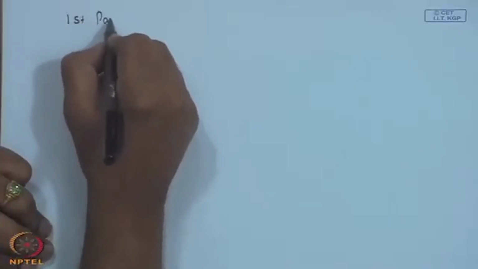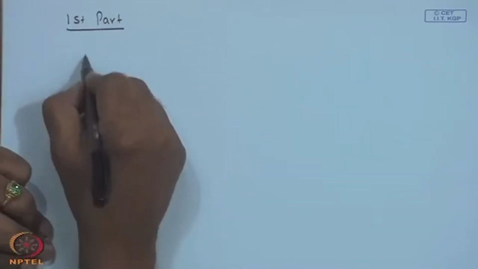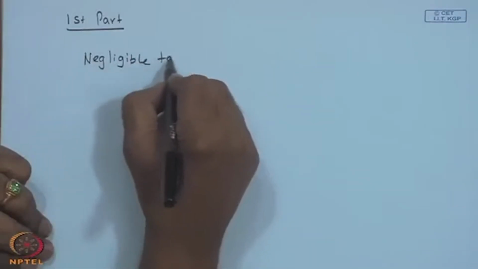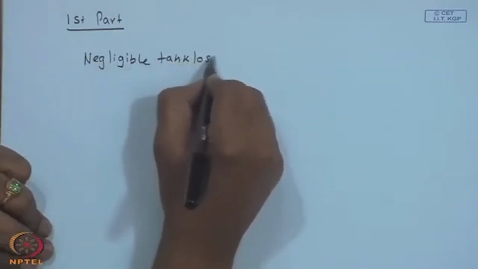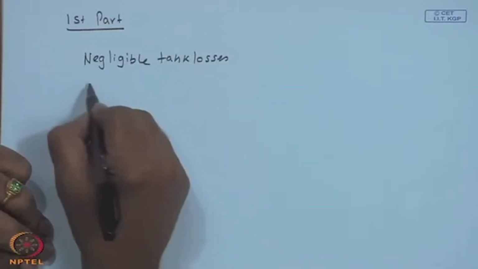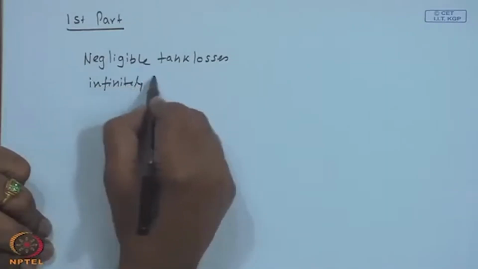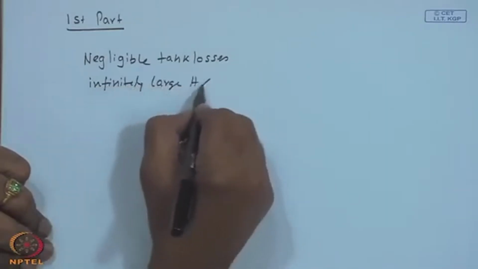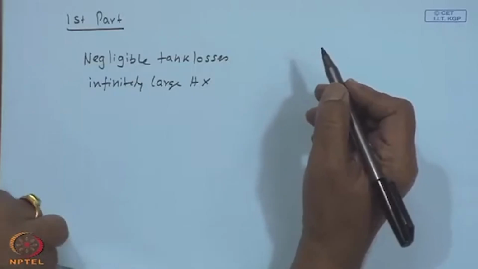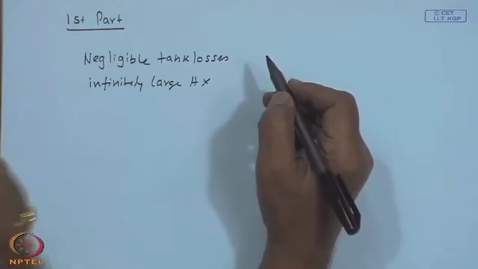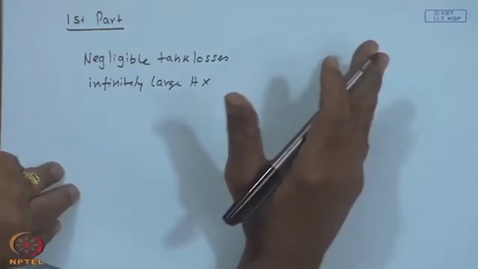Also, first part: negligible tank losses, and infinitely large heat exchanger. I suppose those of you who are familiar with heat transfer would not find it surprising when I say infinitely large heat exchanger. It is nothing but saying that delta T is 0 across the heat exchanger.